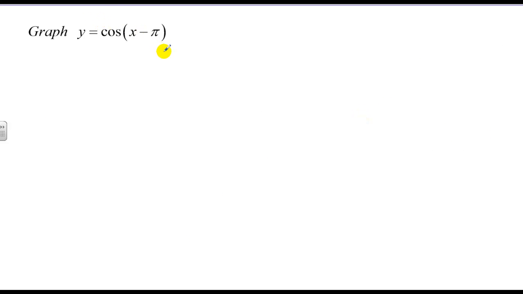This is a standard cosine graph, no k value for the period change, no vertical translation value.